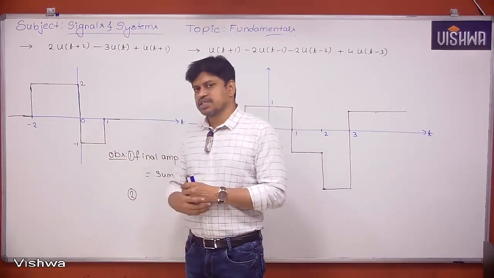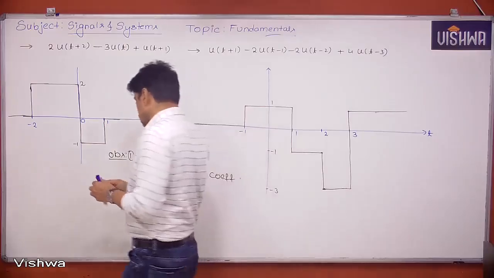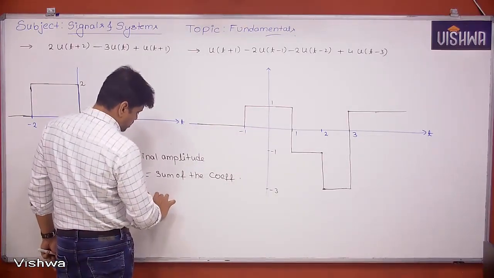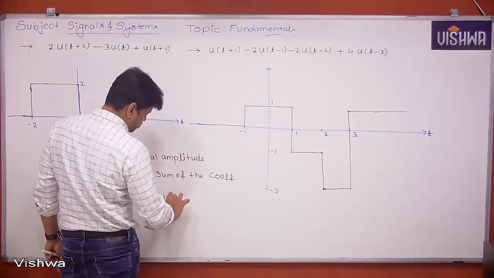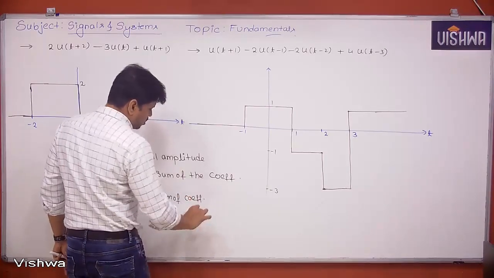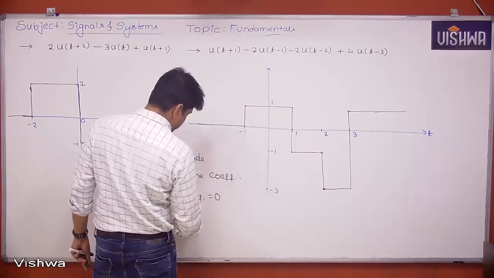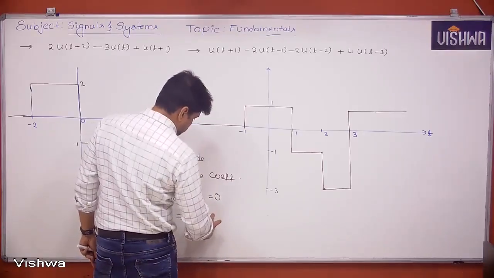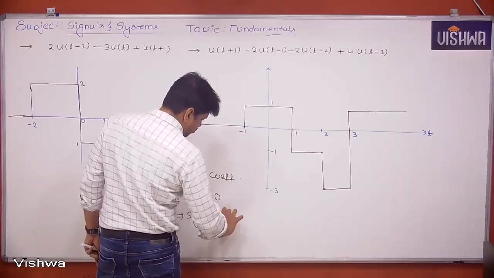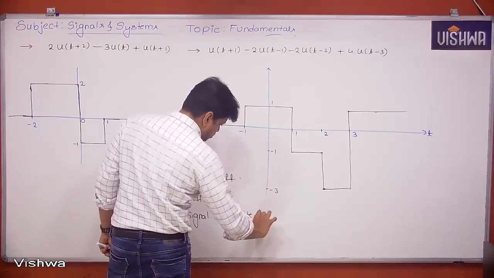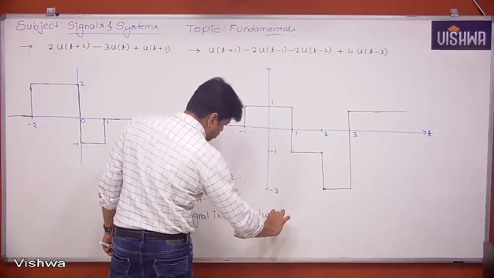So we can say it is a finite duration signal. Okay. So I can say if the sum of the coefficients is equal to 0, that implies the signal is finite duration. Okay, make a note.